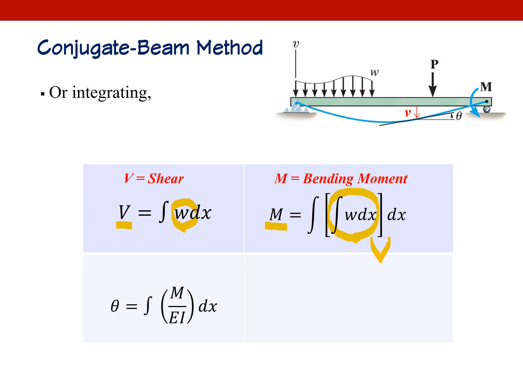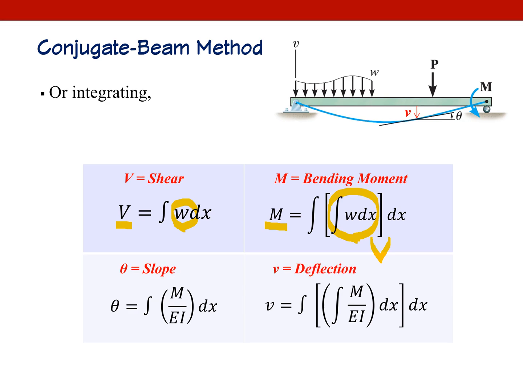Okay, the same thing for deflection and deflection angle. Slope is deflection angle. So if you integrate M over EI, you are going to get slope. And if you integrate M over EI twice with respect to x, then you are going to get vertical deflection.